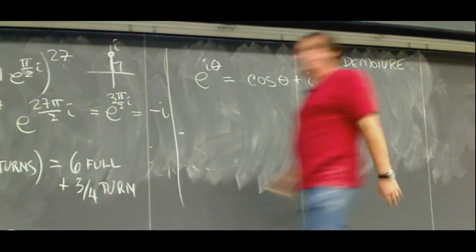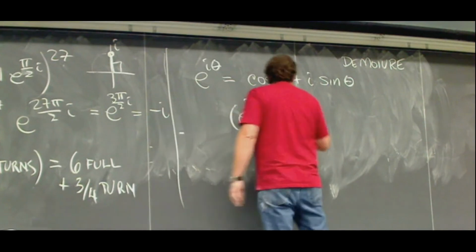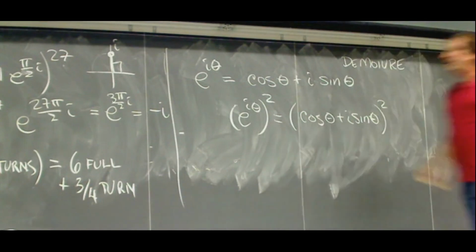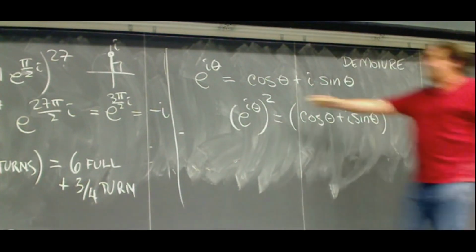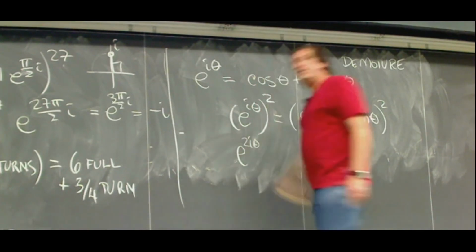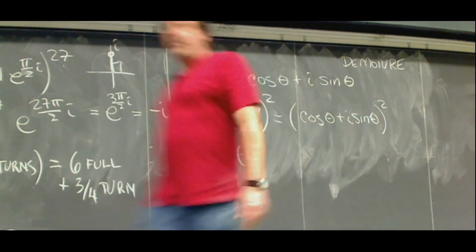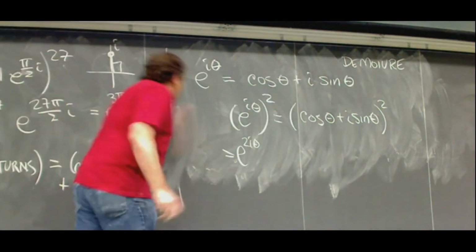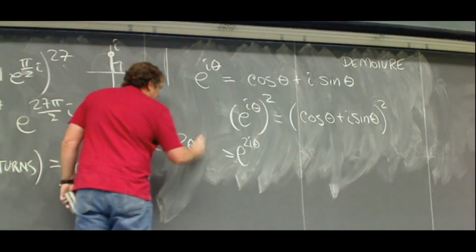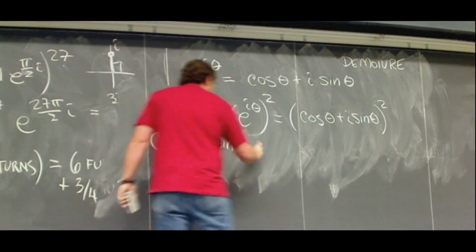Suppose we square both sides of this. On this side, this is e to the 2i theta. By De Moivre's formula, this is the cosine of 2 theta plus i times the sine of 2 theta.